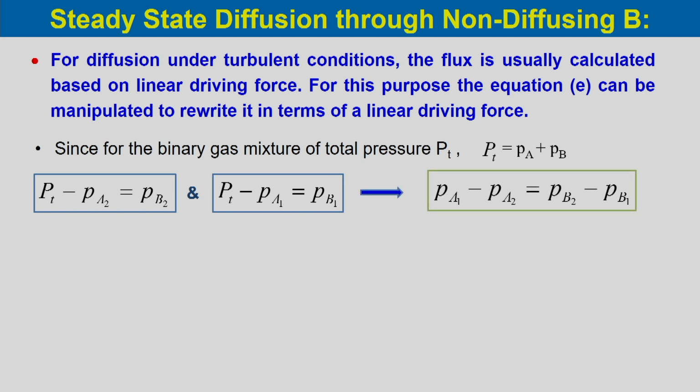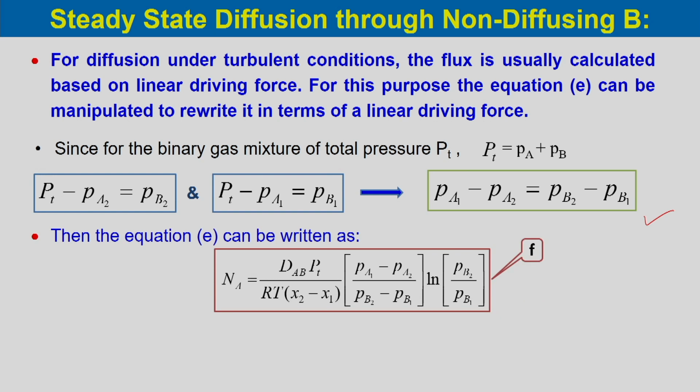Hence, we can write PA1 minus PA2 would be equal to PB2 minus PB1. Then the equation E can be written as NA would be equal to DAB Pt divided by RT x2 minus x1 into PA1 minus PA2 divided by PB2 minus PB1 into ln PB2 by PB1.